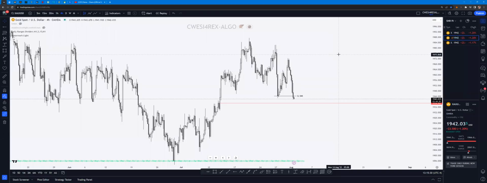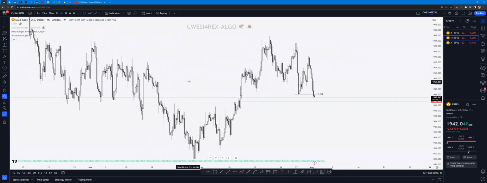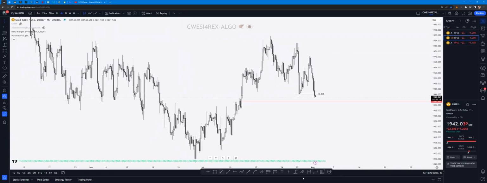The hidden one should be the second movement, so it shouldn't be something confusing. If there's the high, the first one is the first movement, and this one is going to be the second movement.